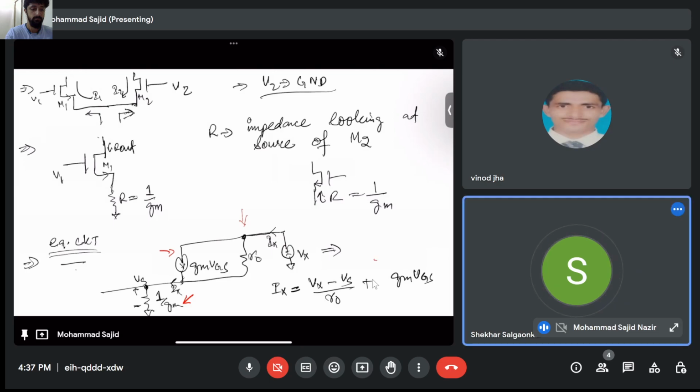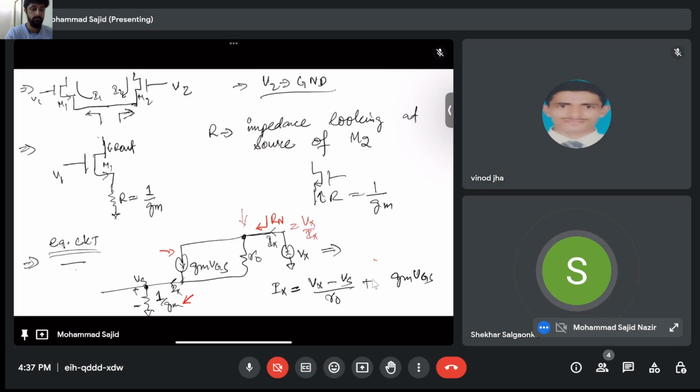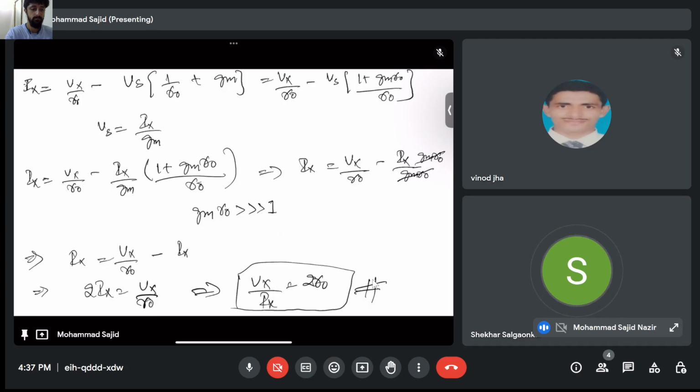For example, if I want to calculate the resistance looking into this node, I connect Vx and Ix, and finally the resistance will be Vx by Ix, right? So you have to analyze your circuit in such a way that you can get it in the form Vx by Ix. That is the idea. Okay, one second.